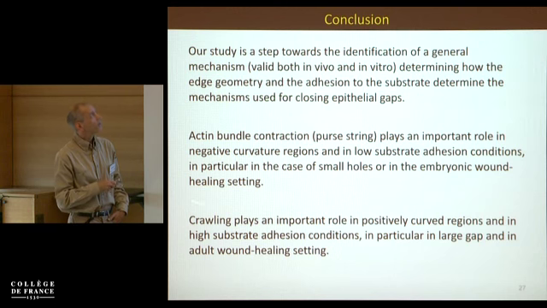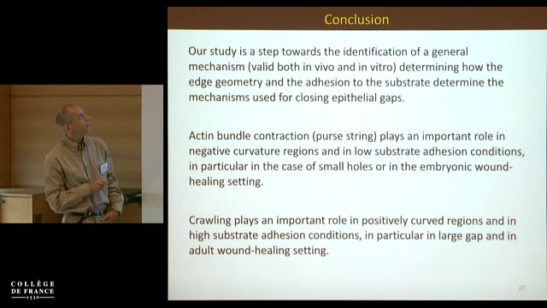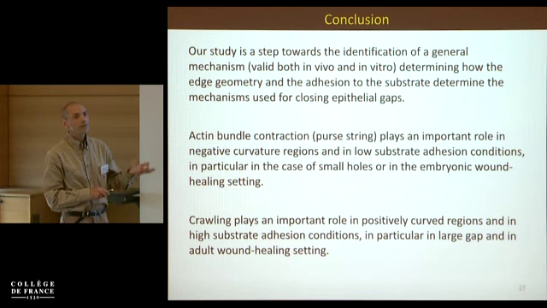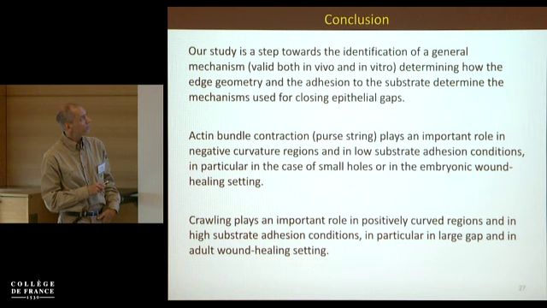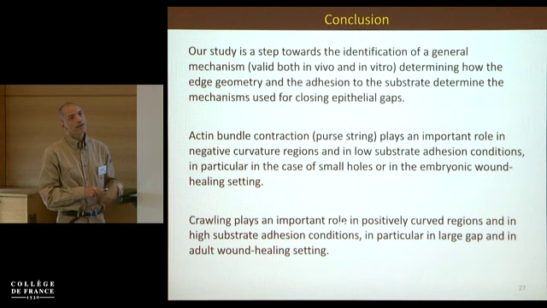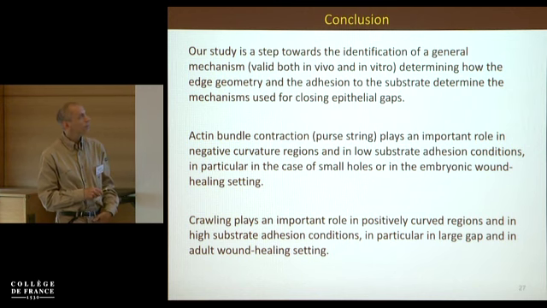It is essentially saying that this purse string, this actin bundle contraction, is playing the major role where you have low adhesion, so the low fibronectin situations, and where you have very negative curvatures, which is the case where you have small holes, because there, since curvature is 1 over the radius, you will have very high curvatures.